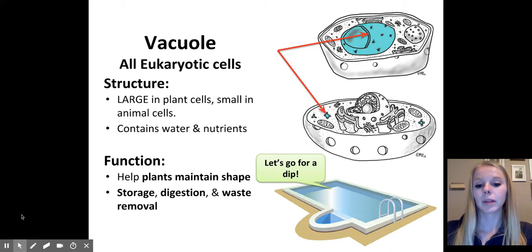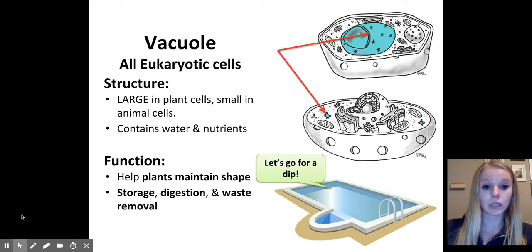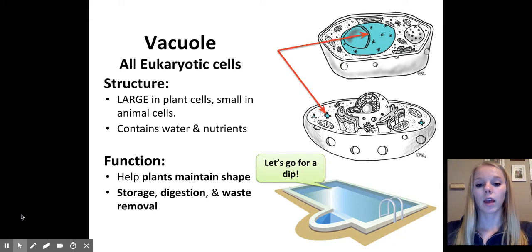In plant cells, the large vacuole also provides structure and support. So if you look at your image on the right, the plant cell is the one that's shown on top, and you can see the large central vacuole, and the animal cell is the cell on the bottom, and you see that one small vacuole. There's two there. Imagine there'd just be a couple spread throughout the cell. Your eighth keyword is organelles.